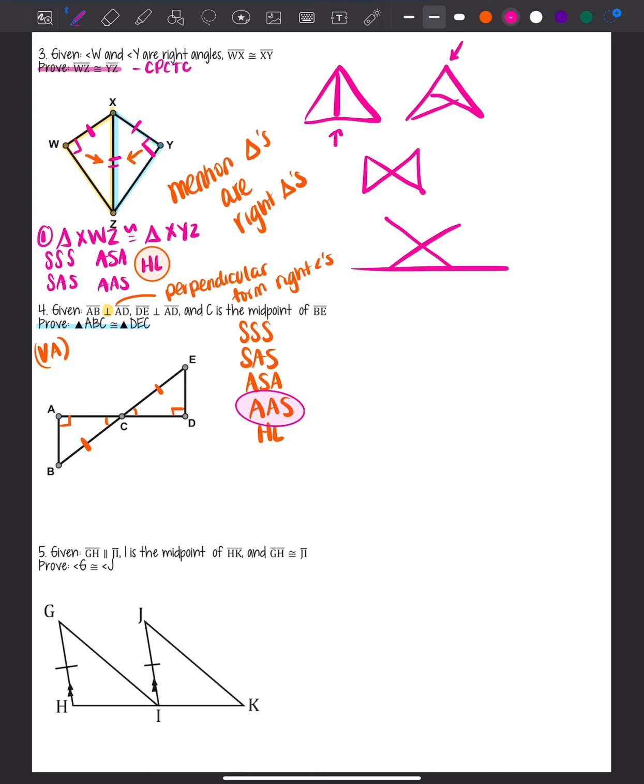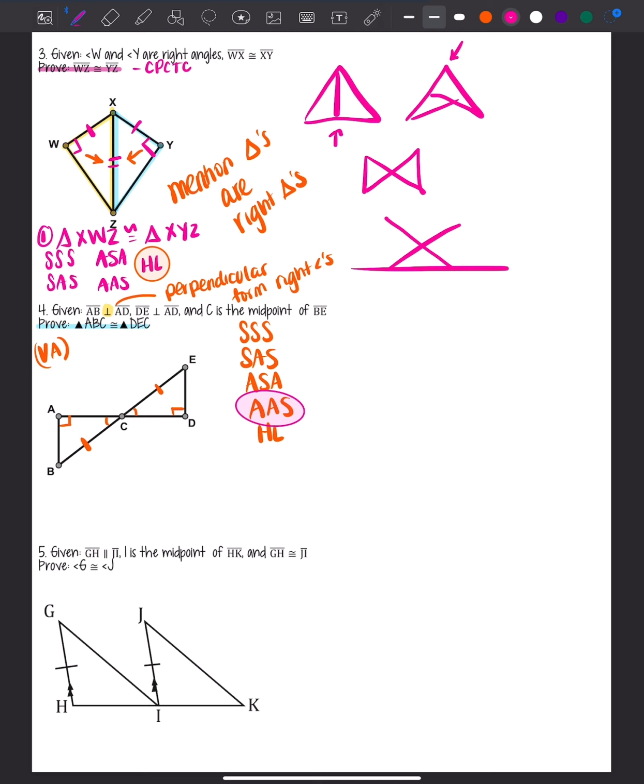However, before I use angle, side, yes, I can mention angle A and angle D are right angles, but I also have to mention that they're congruent. So I can either say that angle A and angle D are right angles because perpendicular lines form right angles, and then make a second step to say that angle A and angle D are congruent to one another because all right angles are congruent.